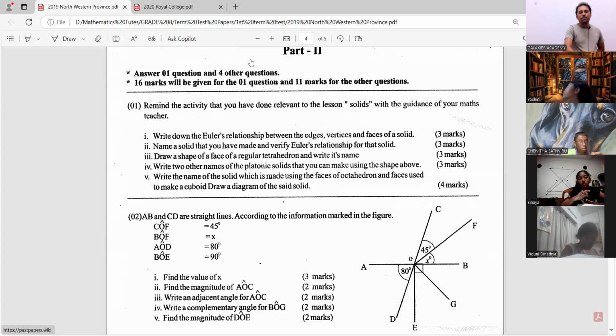Right. First, you have to write Euler's relationship. How can you write it? I told you in the lesson, if the question paper says write Euler's relationship, you have to write the word form of it.